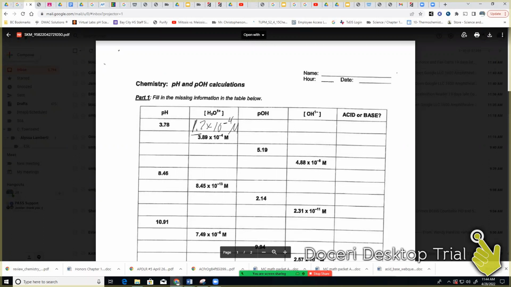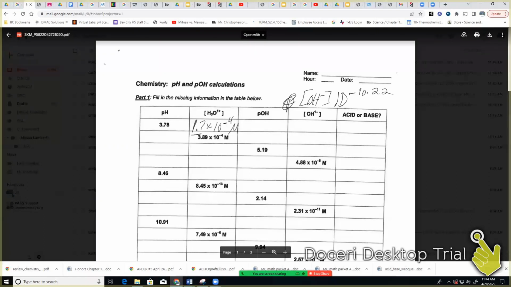And then I'm going to do the same thing over here, but I need my hydroxide concentration. So I'm going to do 10 raised up to my negative pOH, which was 10.22.